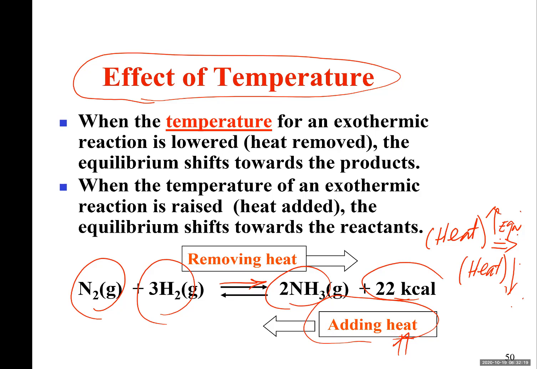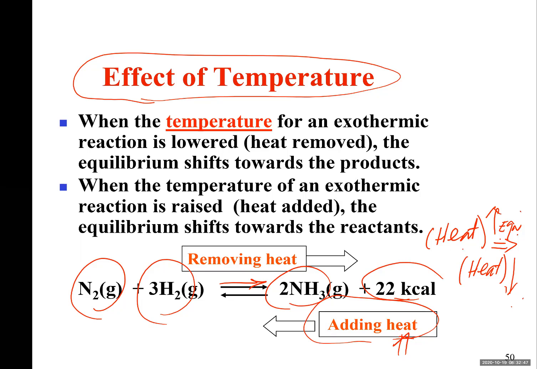You may get a cold glass of water. So you added heat to your body by drying your hair. You got even hotter on a very hot day of summer. So you want to cool down. You have to remove heat from your body by drinking a cold drink. Equilibrium does the same thing.